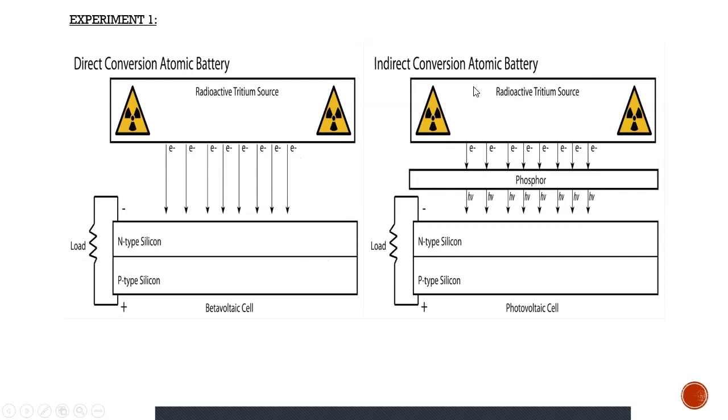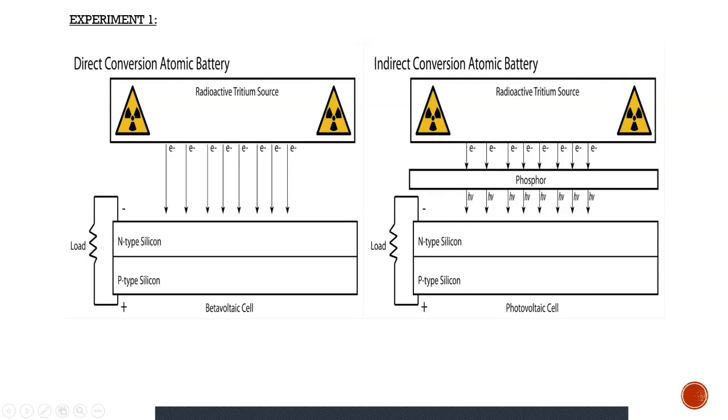Now, in place of it, for an indirect conversion atomic battery, we can use the same tritium source, but we have to use a phosphor. The phosphor converts the electrons into energy, and that energy is again converted to electricity.